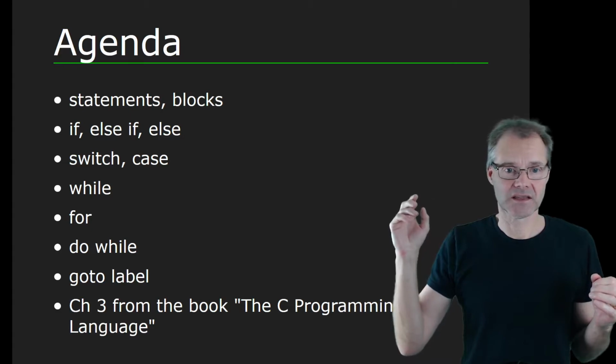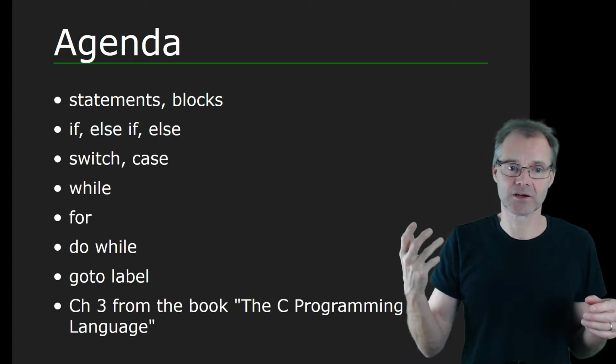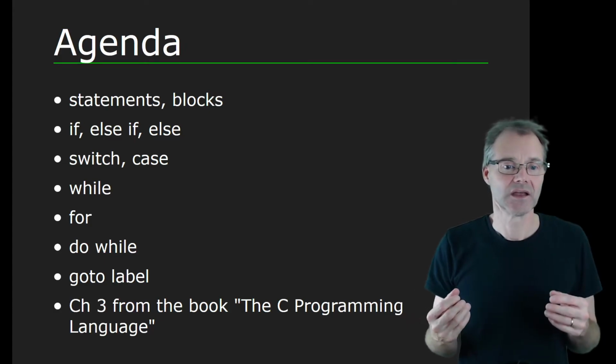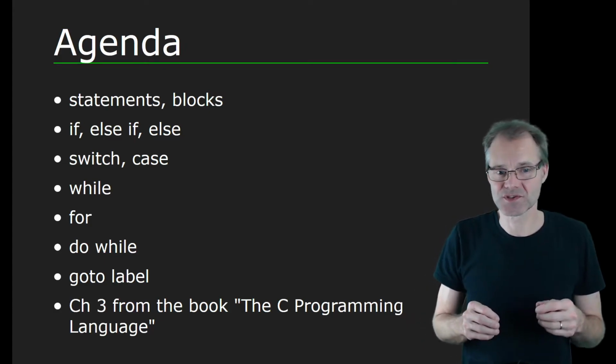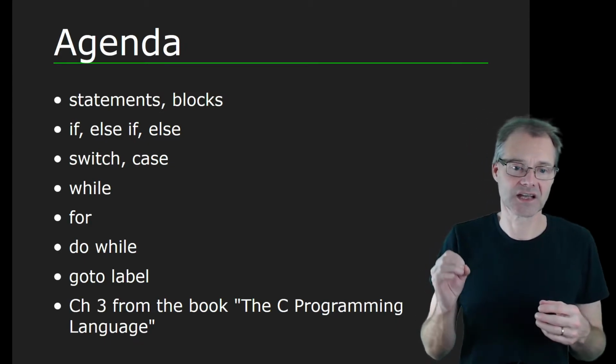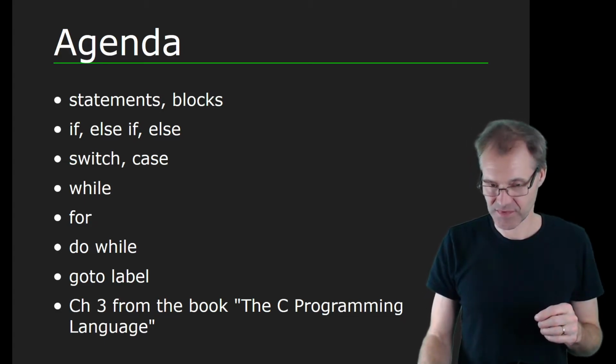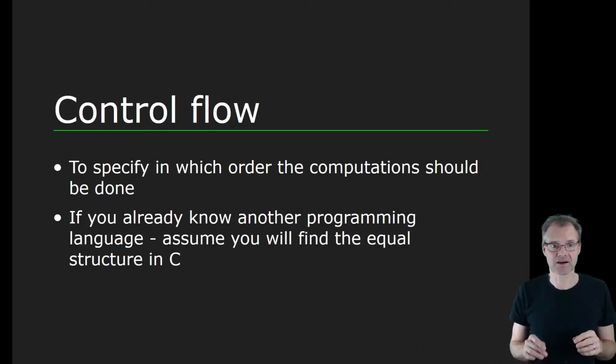Then we're going to see the if-else statement and how it compares to the switch case statement. We're going to look at the three types of loops: while, do while, for. And we're also going to check out the goto label just to know what it is. So let's hang on here.